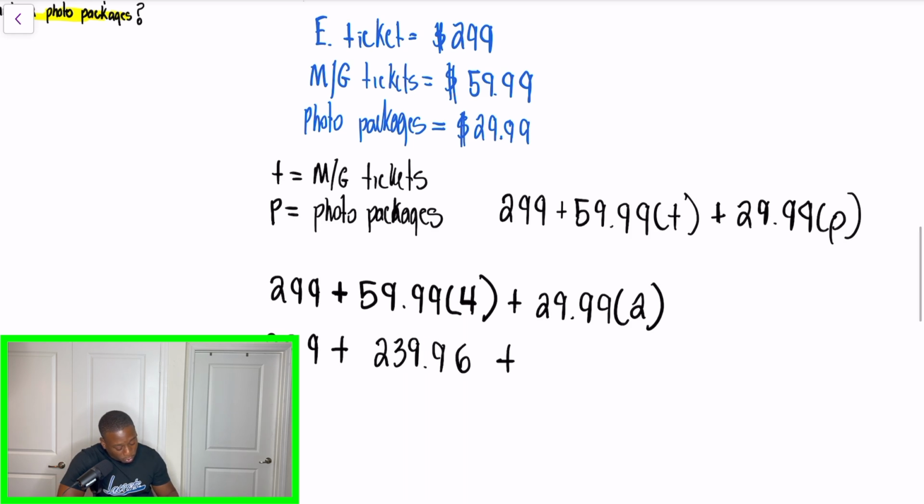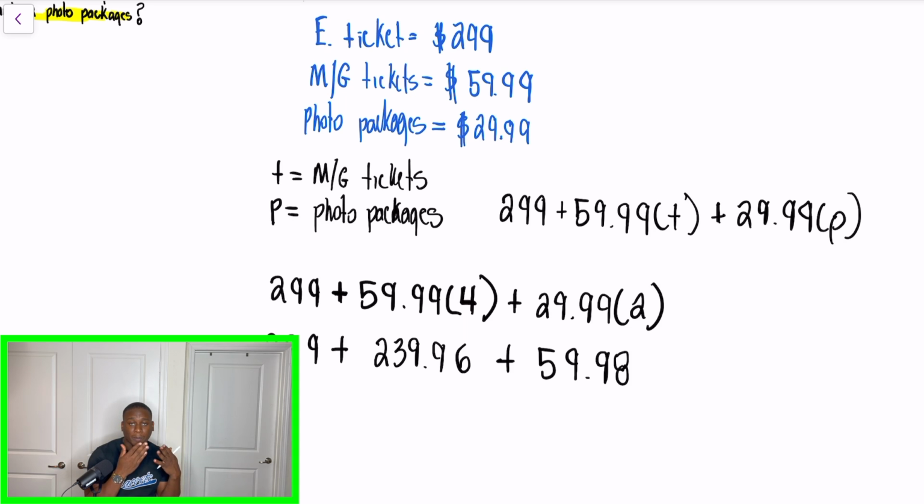And then in the last part of our problem, we're going to get 59.98. So guys, we went through, we substituted in for the variables, right? We put 4 for T, and then we put 2 for P, because they told us how many of the tickets and the photo packages we're going to buy. So now all we had to do was multiply, and then simplify by adding.